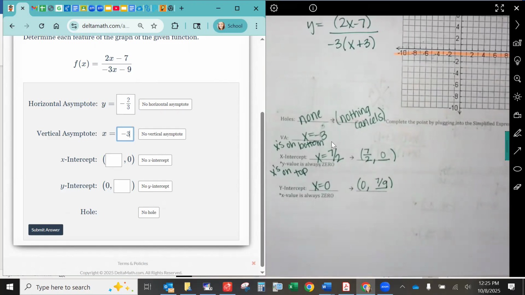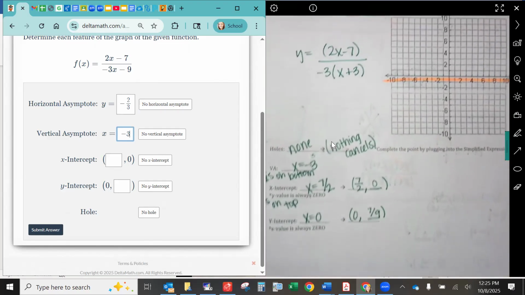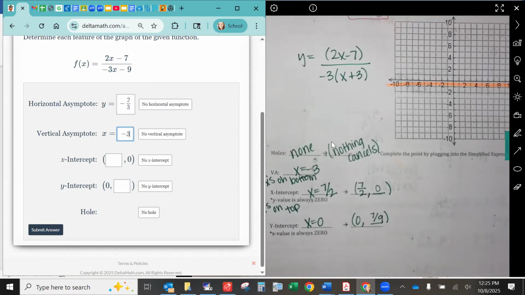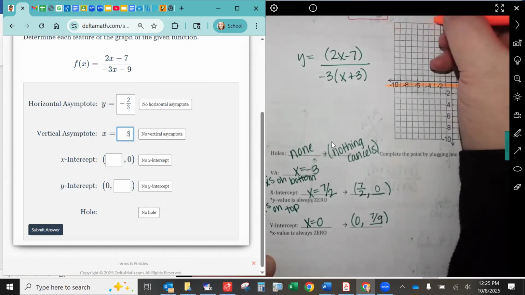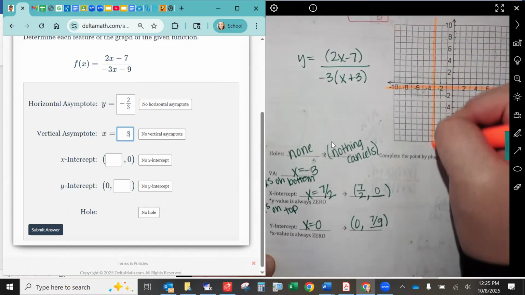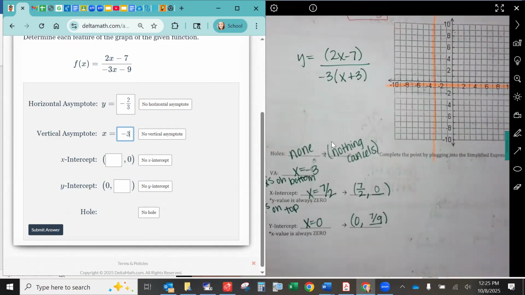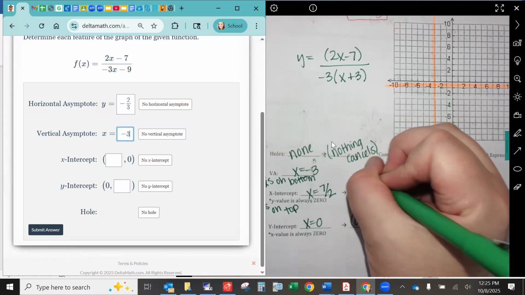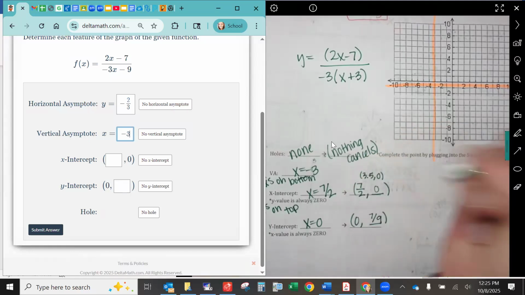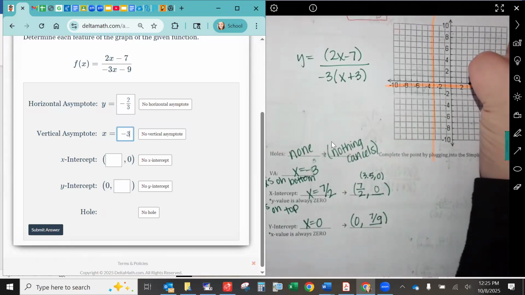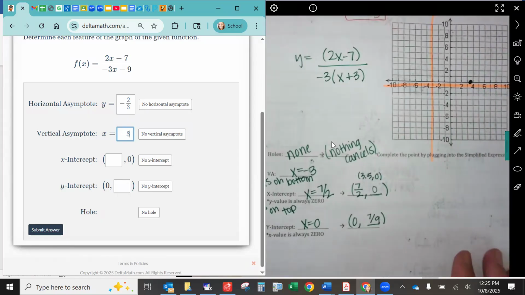Now, just for your notes, I do want to finish the graph, so let's do it. Okay, at -3, drawing your vertical line, your graph can't touch it. No touching -3. 7/2 is about the same as 3.5. So go to 3.5, 0, and we're going to draw an x-intercept.